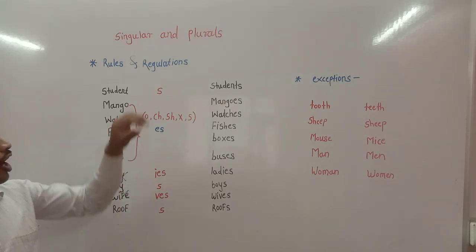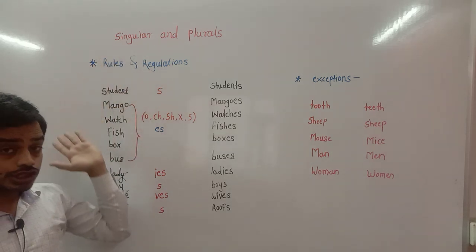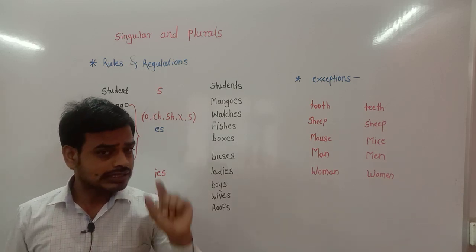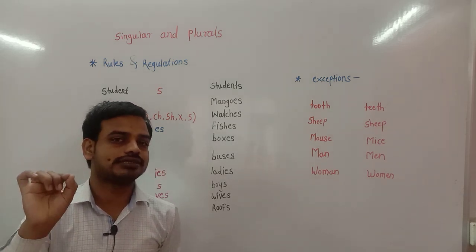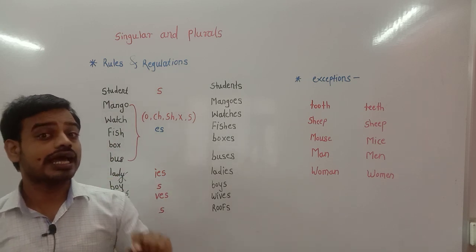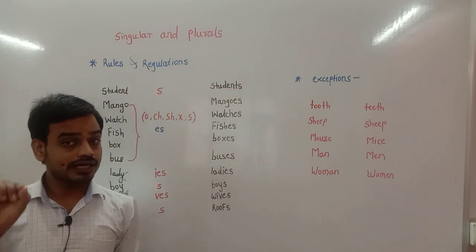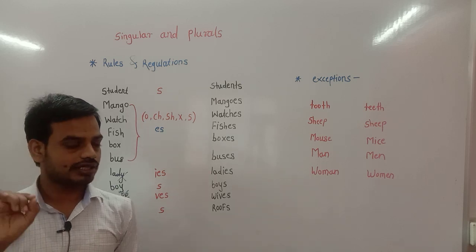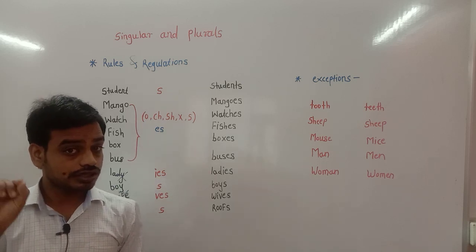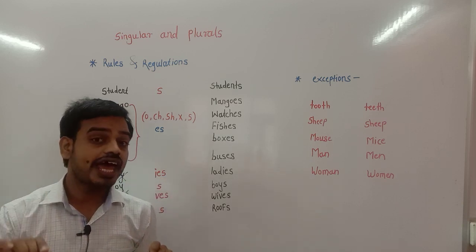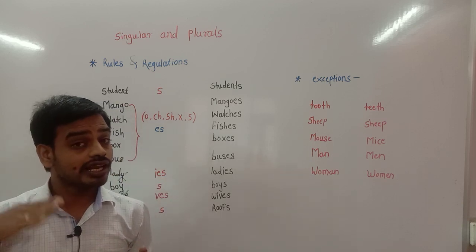So first of all, if you want to convert singular into plural, generally we use S. Such as student, students; door, doors; fan, fans; mobile, mobiles.